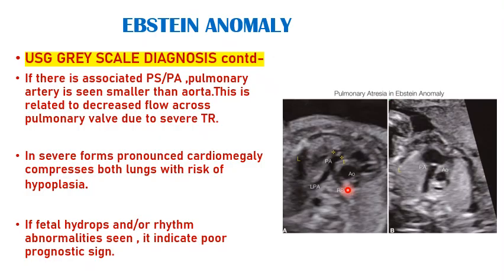If there is associated pulmonary stenosis or atresia, the pulmonary artery is seen smaller than the aorta. This is due to decreased flow across the pulmonary valve due to severe tricuspid regurgitation. In severe forms, pronounced cardiomegaly compresses both lungs with the risk of hypoplasia. If fetal hydrops or rhythm abnormalities are seen, it indicates poor prognosis.